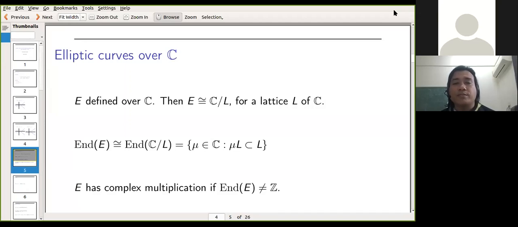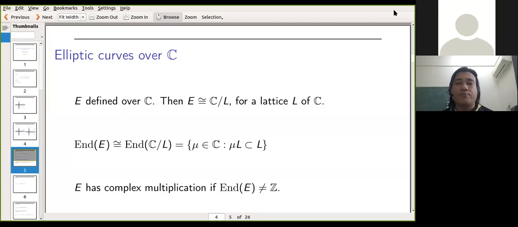C is the set of complex numbers, and L is a lattice inside C. To get L, all I need is two generators of the set of complex numbers, and then I take the free abelian group generated by those two generators.